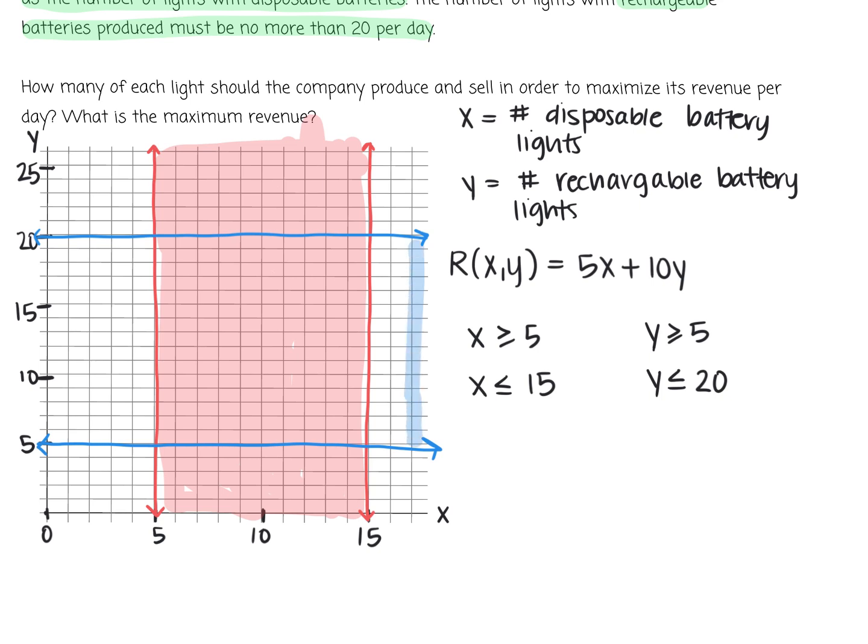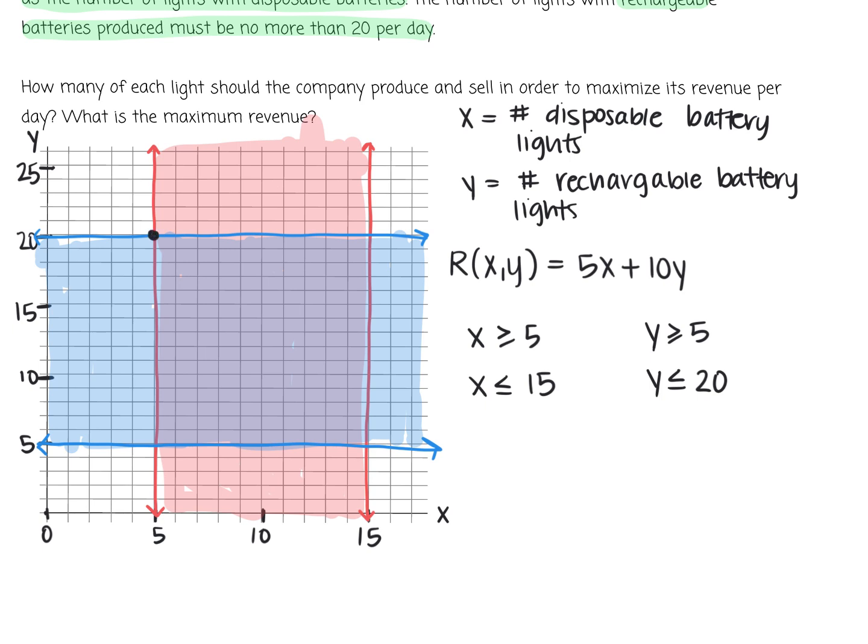So everything in between those are solutions. So when you are trying to maximize profit, what you need to do is find the corners of something we call the feasible region, which are the corners that contain our solution region.